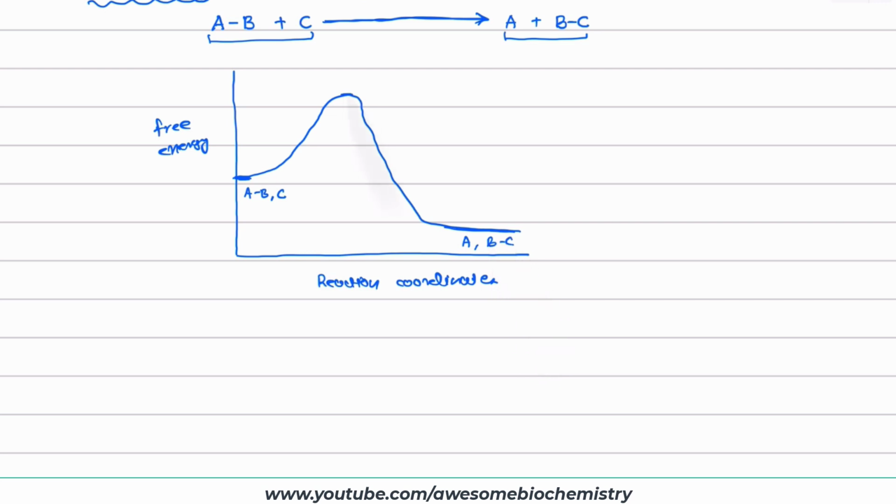The peak energy is represented by the transition state, because the transition state is highly unstable and it has the maximum free energy. So this is the free energy of A, B and C. And in this transition state, as I told you earlier, the bond between A and B is on the verge of breaking and B and C is on the verge of forming, right?